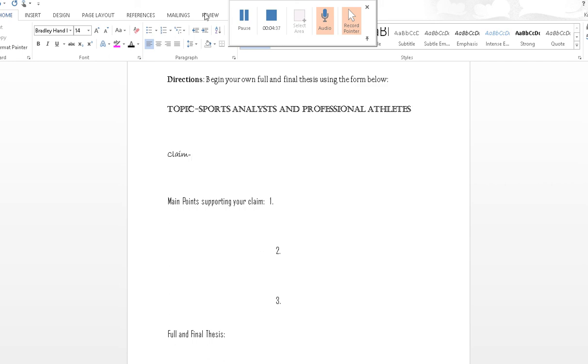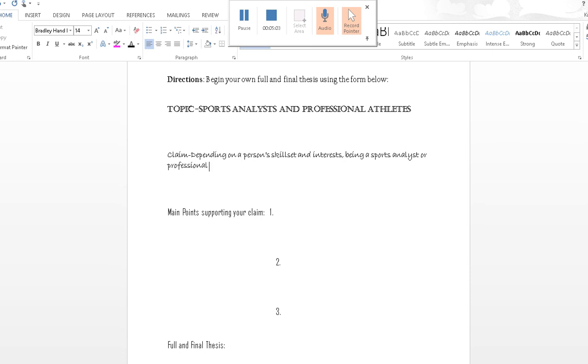So the claim could be something like, depending on a person's skill set and interests, being an analyst or professional athlete can both be useful or interesting, I don't know, can both be valid jobs.